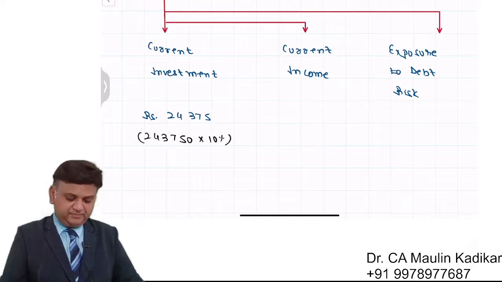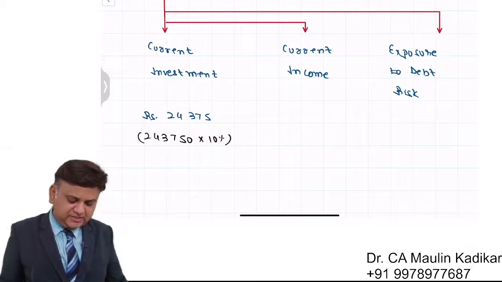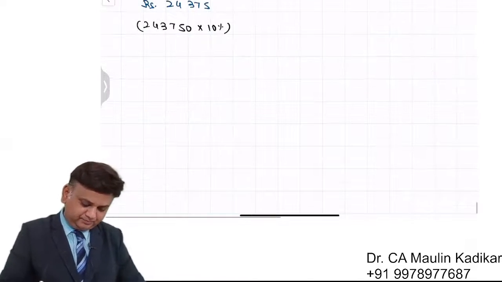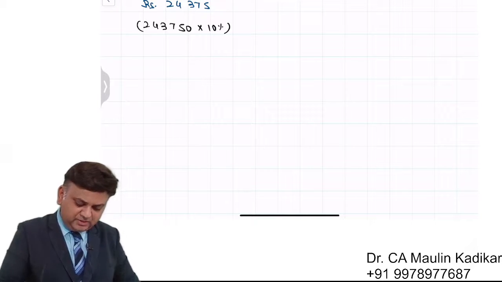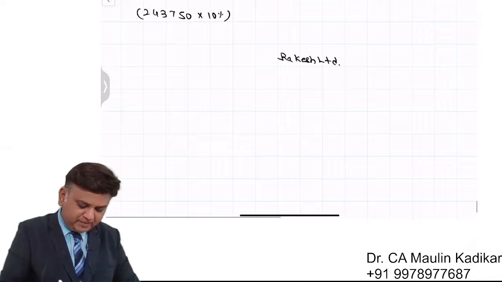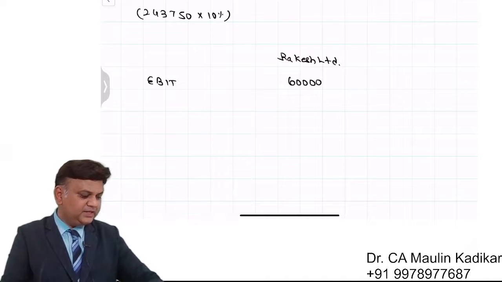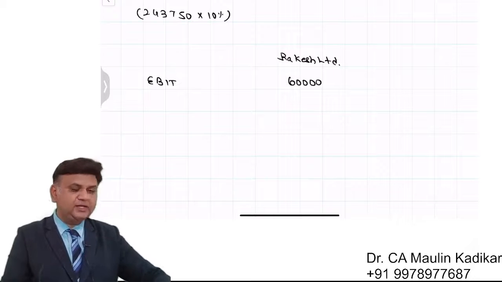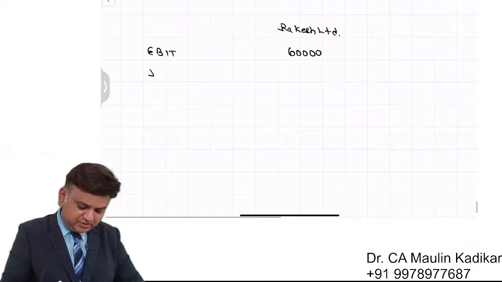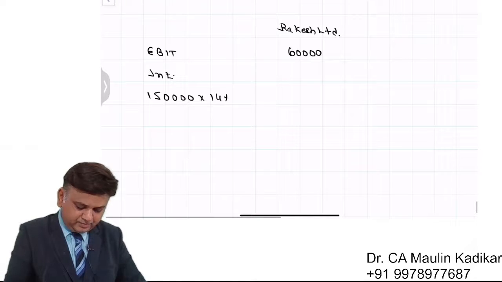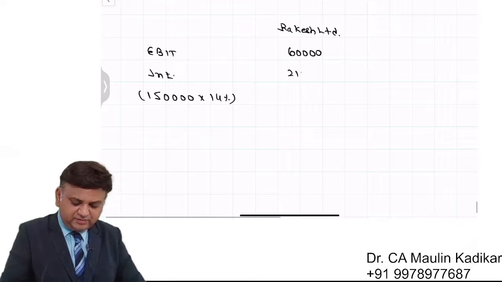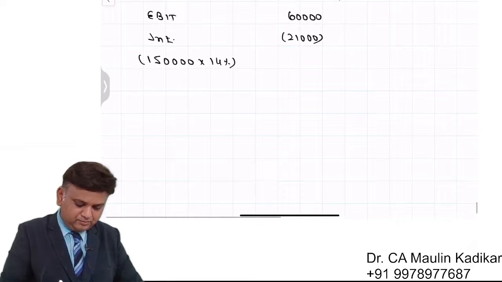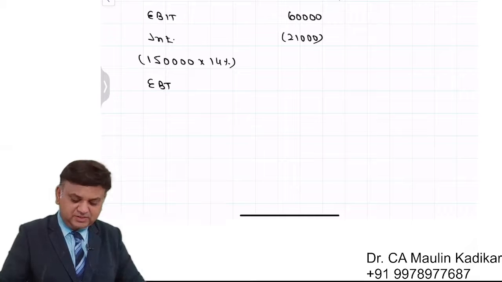The next is the current income. As far as the current income is concerned, it can be calculated like this. We know for Rakesh Ltd, earning before interest and taxes is 60,000. It has debt financing of 1,50,000 and the rate of interest is 14%. So interest, it is 21,000. Earning before taxes 39,000.